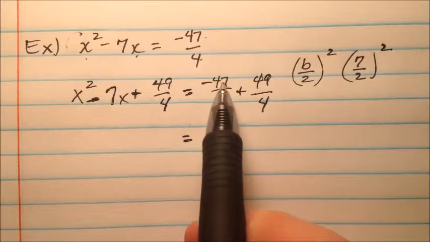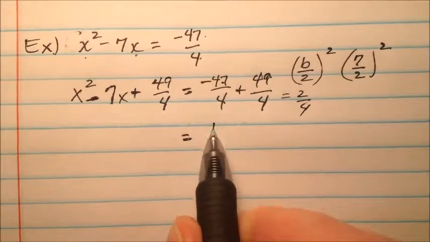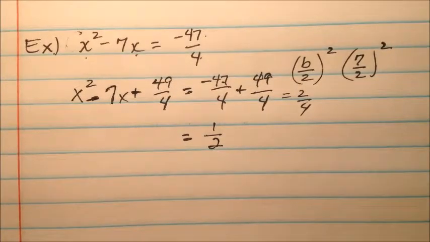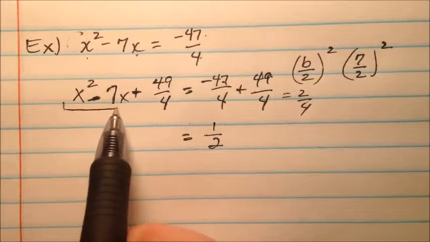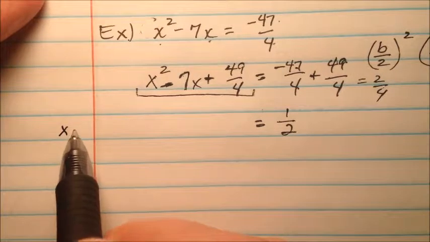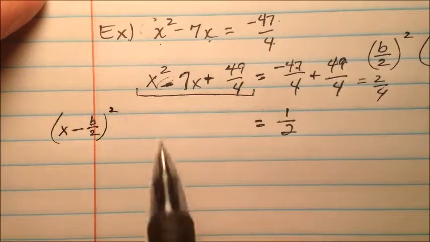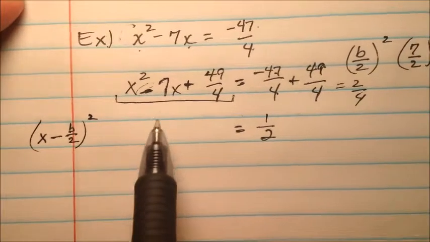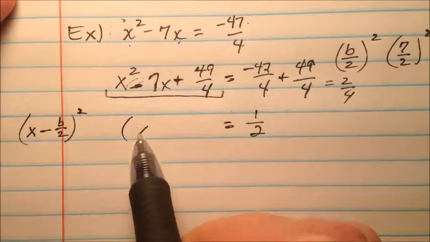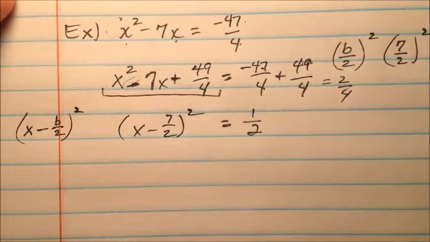So my negative 47 plus 49 is 2 over 4, and then 2 over 4 is just 1/2. That's not so bad. And my left side, remember when I complete the square, it'll be x and then minus b over 2, in this case it's minus, and then squared. So half of our 7 was x minus 7 over 2, quantity squared.